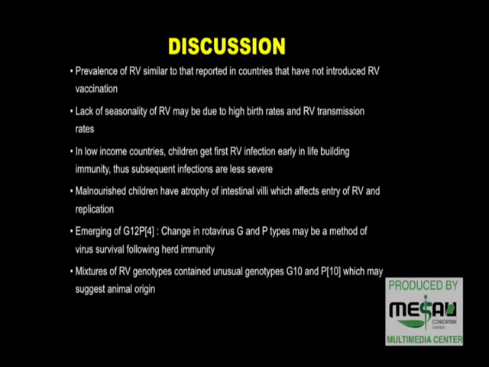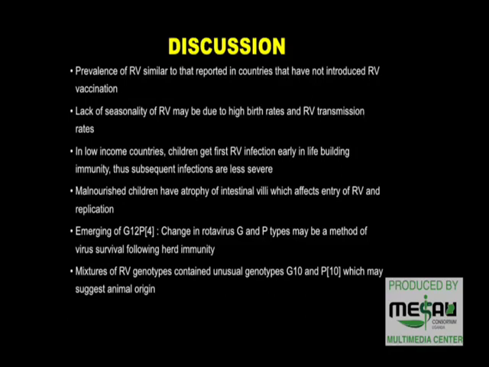But also it has been reported that tropical countries with high birth rates, like what we are seeing in Uganda, usually have no seasonality and have high transmission rates.